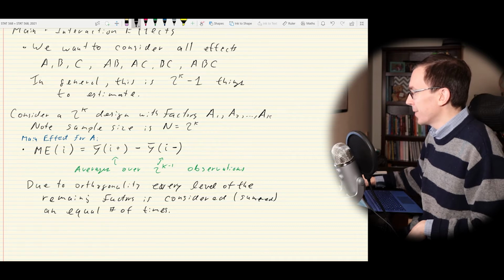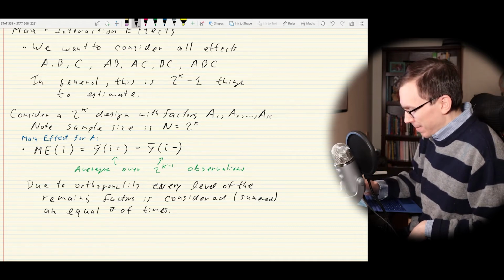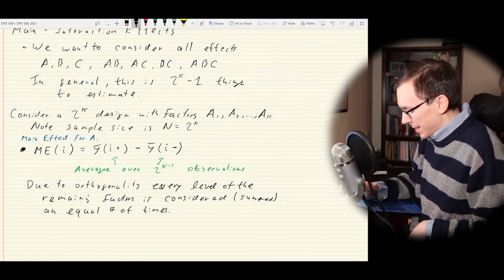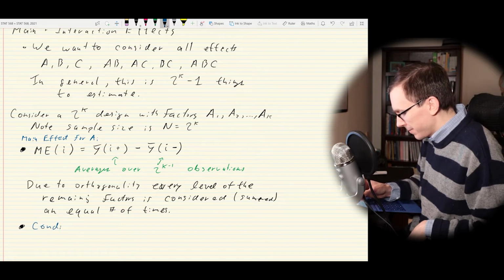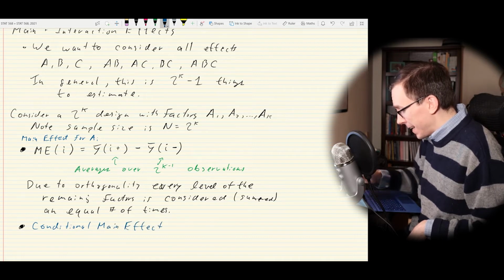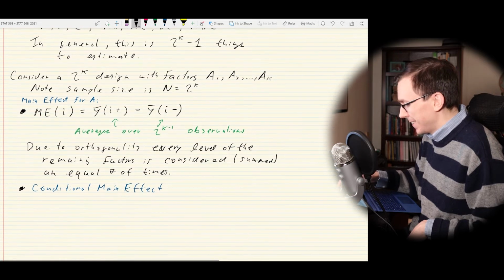Right, and we can go a little bit further from that. So this was the main effect. Now what we can do is consider the conditional main effect. The conditional main effect is kind of what you would expect when I say condition.